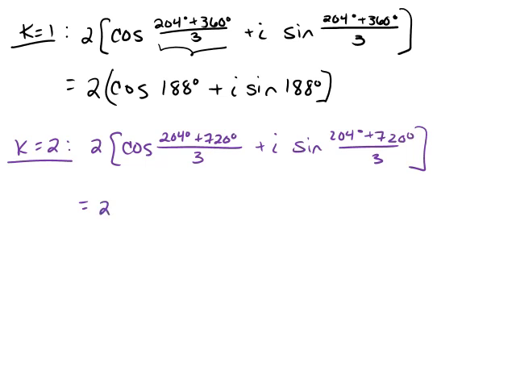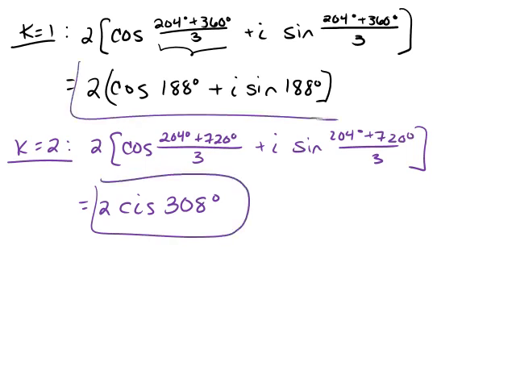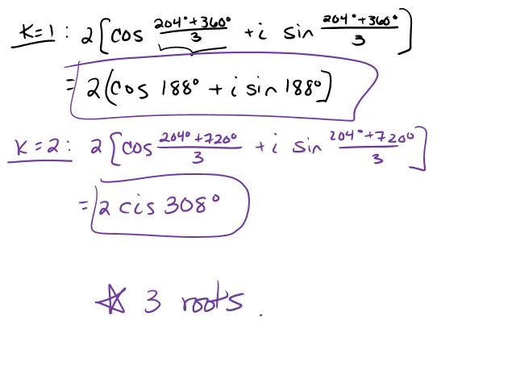Dividing, I end up with 2 cis, if you will, 308 degrees. And those are your 3 roots. This concludes section 7.3.